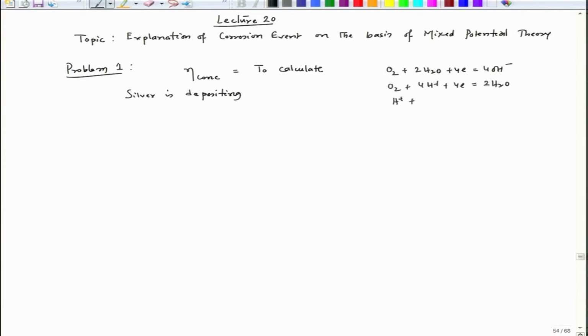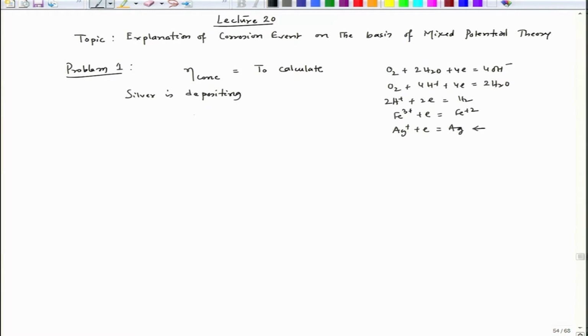There could also be other reduction reactions, or cathodic reactions, and there could be a reduction like Ag plus plus e equal to Ag. Since Ag plus is a very strong oxidizer, it always has a tendency to get reduced, so this reduction reaction can happen. Here silver is depositing, so we are considering this reaction.